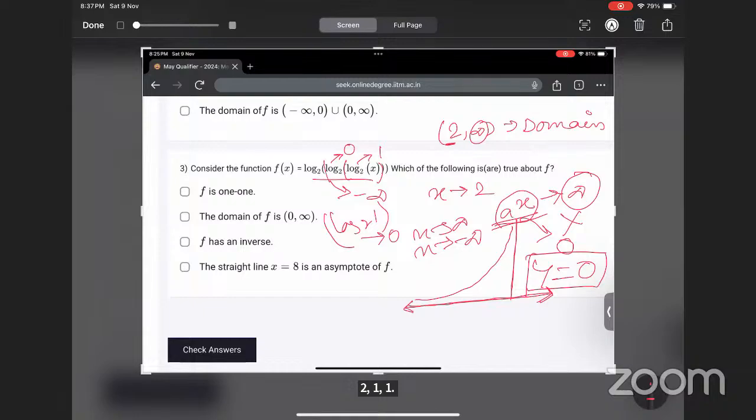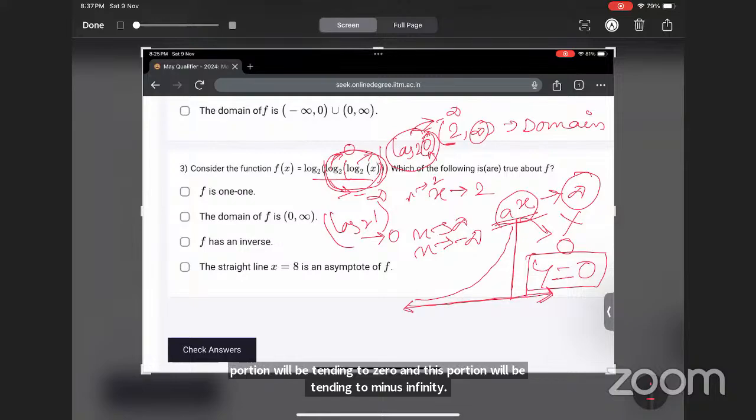Then we will get 0 here instead of this. So log base 2 of 0 is basically minus infinity, right? So when x tends to 2, this portion will be tending to 0 and this portion will be tending to minus infinity. Is it clear?